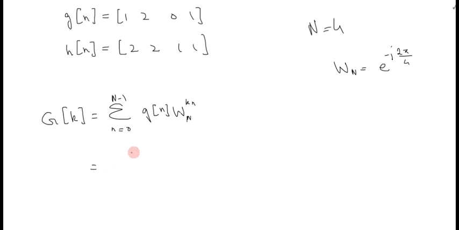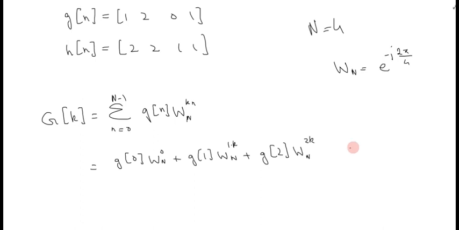So it will become g of 0 wn raised to power 0 plus g of 1 wn raised to power 1 into k plus g of 2 wn raised to power 2 into k, because we are summing over n, plus g of 3 wn raised to power 3k.